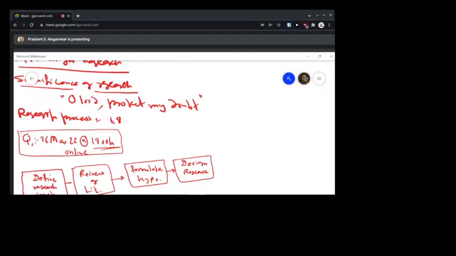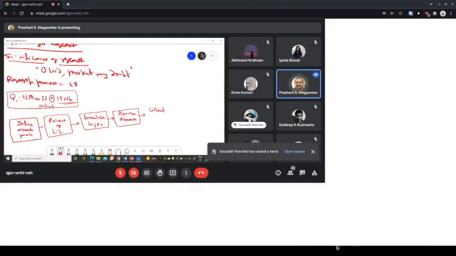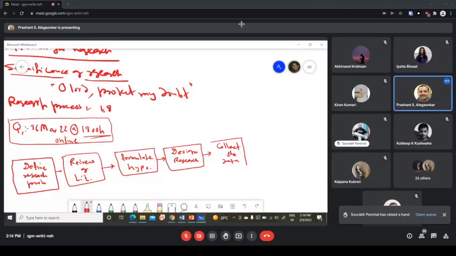Once you have designing of the research, then you have the actual implementation, collect data. So you have to implement it, and then you have to analyze the data, and then you have to interpret it.